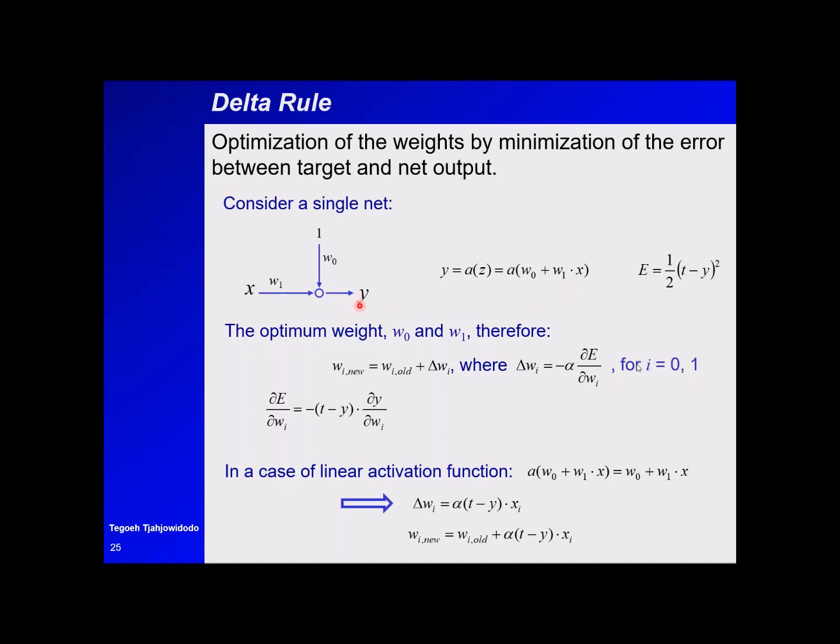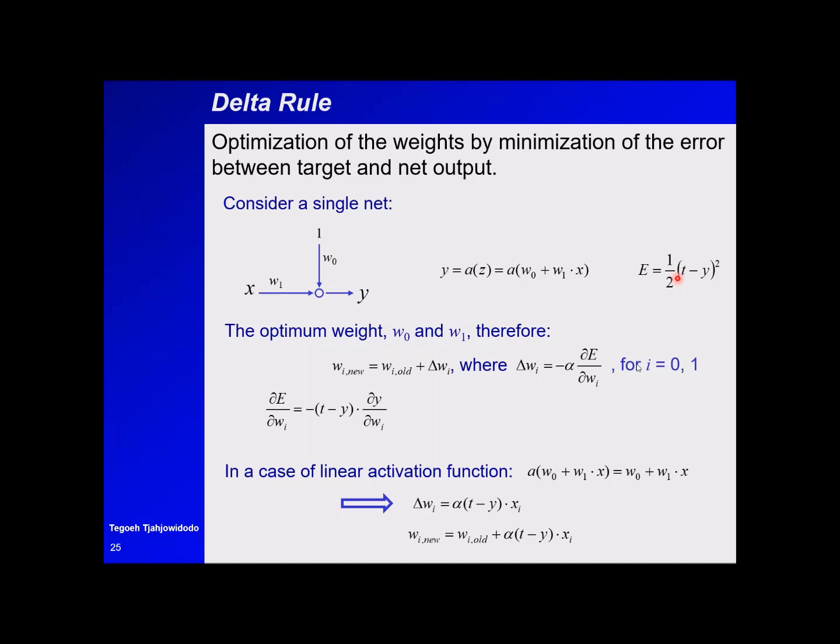And let's say the output in the data is equal to T. If this model is perfect, then the error will be 0. T should be equal to Y. So the error can be expressed by this function. If Y is equal to T, then the error will be 0.